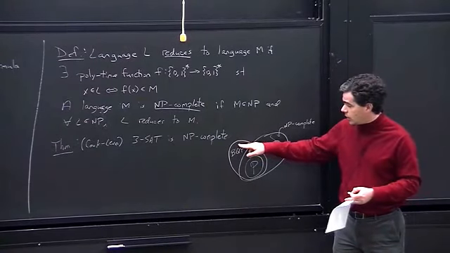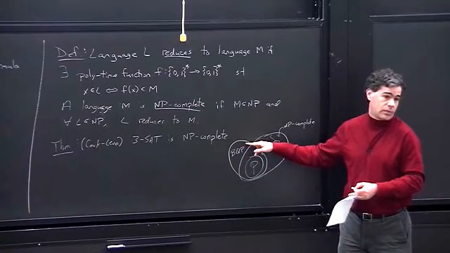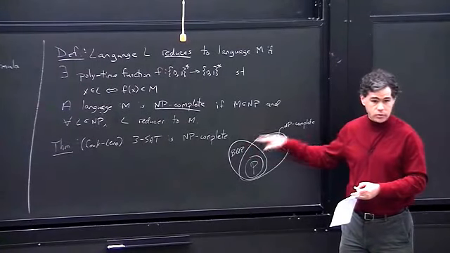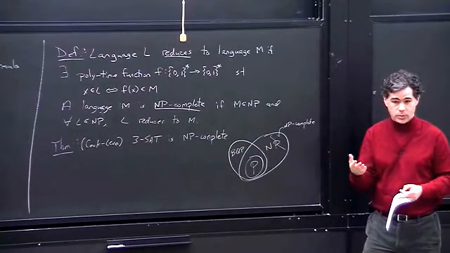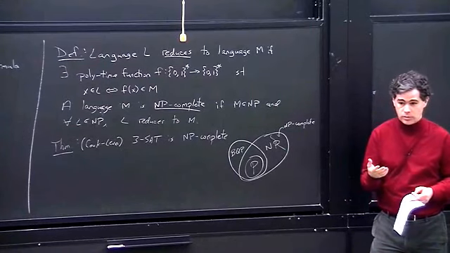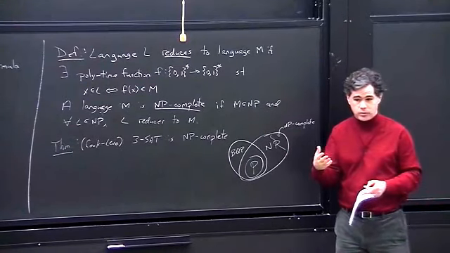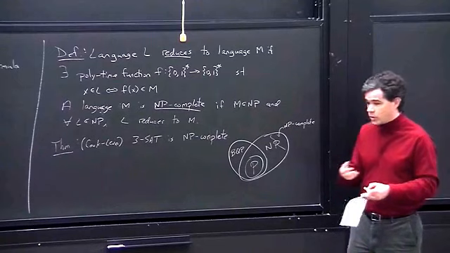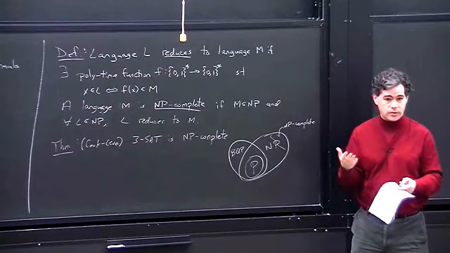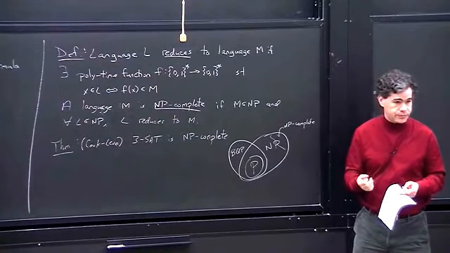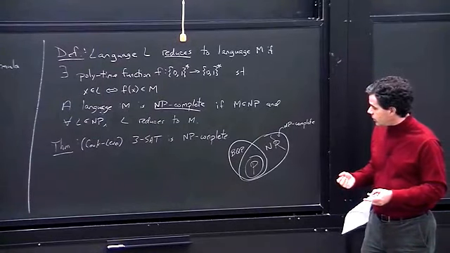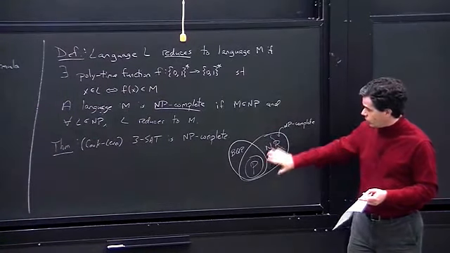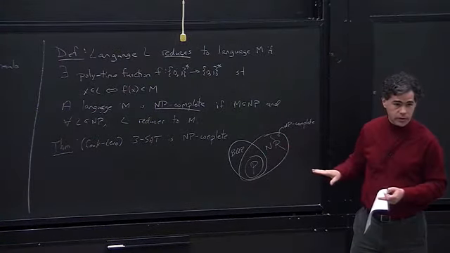And moreover, we think it includes some problems that are not even in NP, where there's no efficient way to check the answer on a classical computer, but you can still find the answer efficiently on a quantum computer. Simulating quantum systems is a standard example of that. So this gives you an idea of how these complexity classes relate.